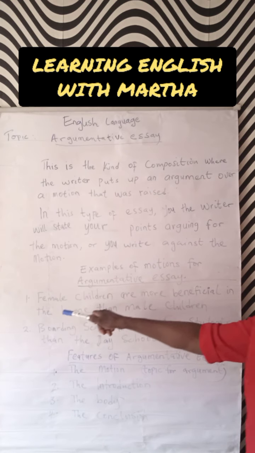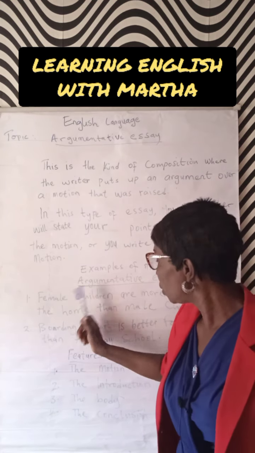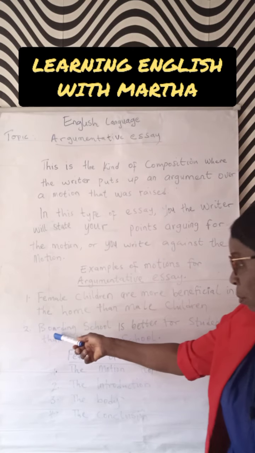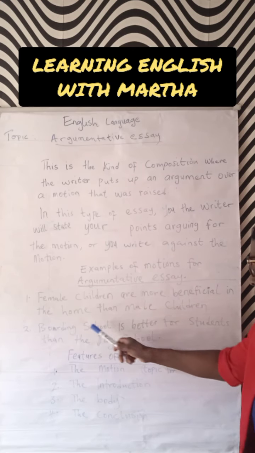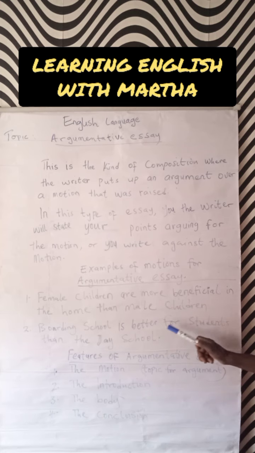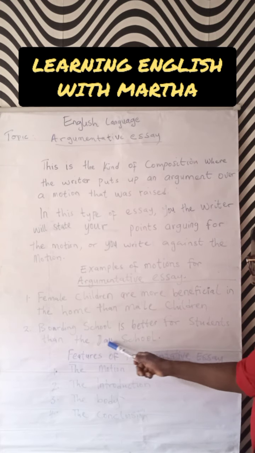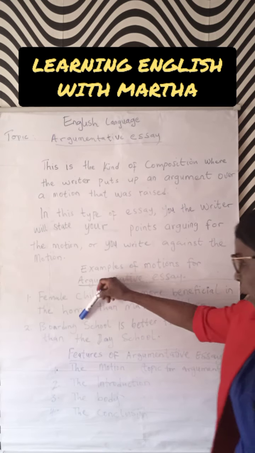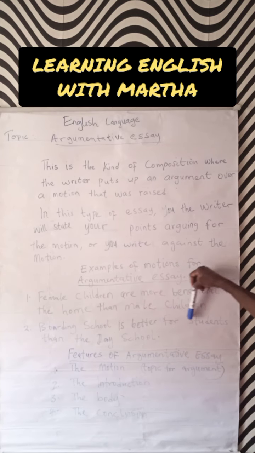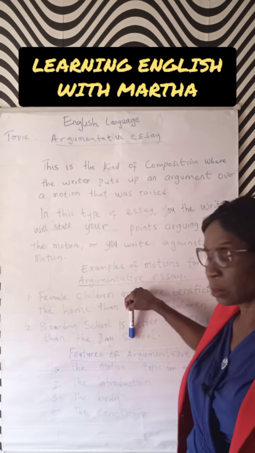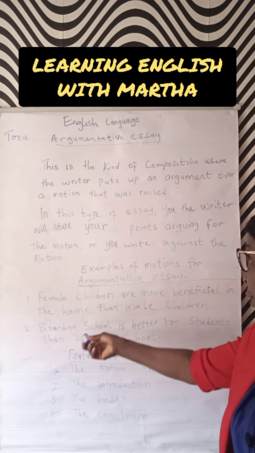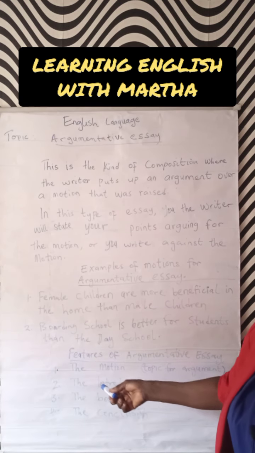Then another example of motions for argumentative essay, that's number 2 example, says boarding school is better for students than the day school. Boarding school is better for students than the day school. You are expected to either support this motion with facts, points.